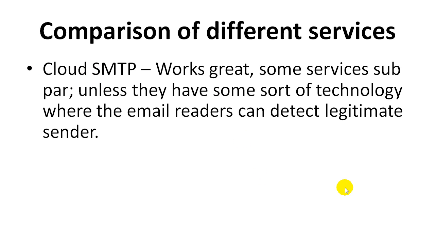This is basically a service that is provided by websites and email companies, and it works great. Some services are great, some services are subpar, unless they have some sort of technology where whenever the email is sent out, Gmail or the receiver can detect where the email comes from.